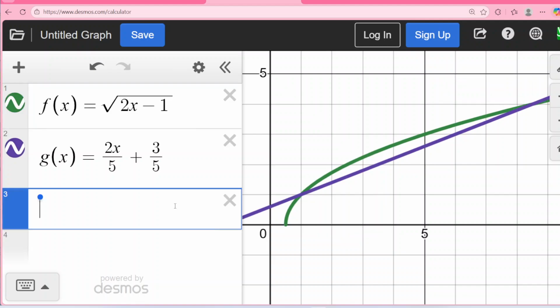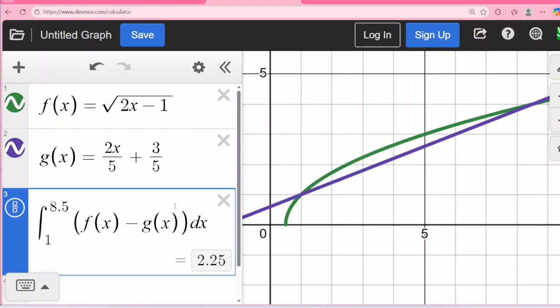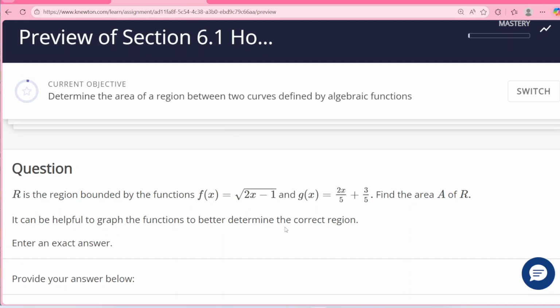So I'm going to be integrating again from 1 to 8.5, or 17/2, of f of x minus g of x. Right, f is on top, and this is actually a nice fraction here, 2.25, 9/4. So that's what I'm going to enter. Now you could do that by hand, right? Do f minus g, but we've done a lot of integration in previous videos, so I'm not going to do a lot of these if I realize they're going to be rational.